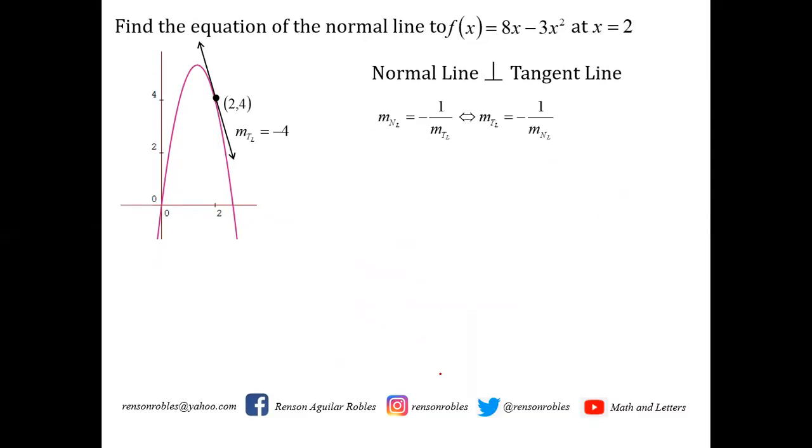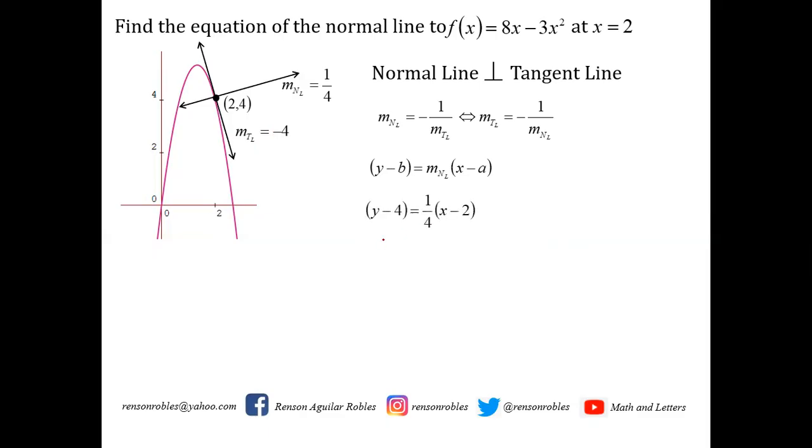And then for the normal line, we can now draw the normal line, which is perpendicular to the tangent line. And if the slope of the tangent line is negative 4, then we can say that the slope of the normal line is the negative reciprocal of negative 4, which is positive 1/4. And therefore, the equation of the normal line is given by y minus b equals the slope of the normal line times x minus a.